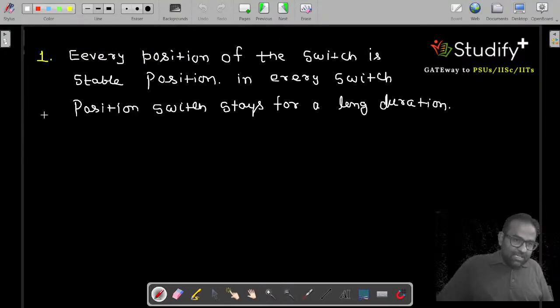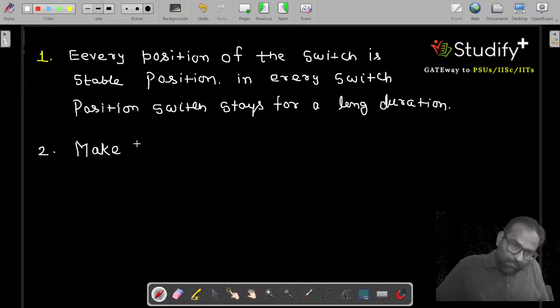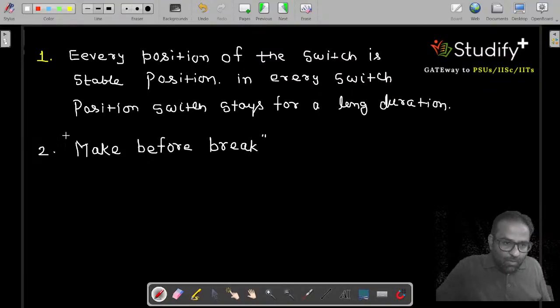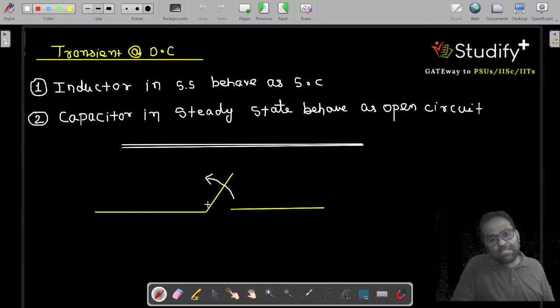The switching style is make before break, means it takes zero switching transition time. What is the meaning of make before break? It means it will take zero time to open it and zero time to switch it off.